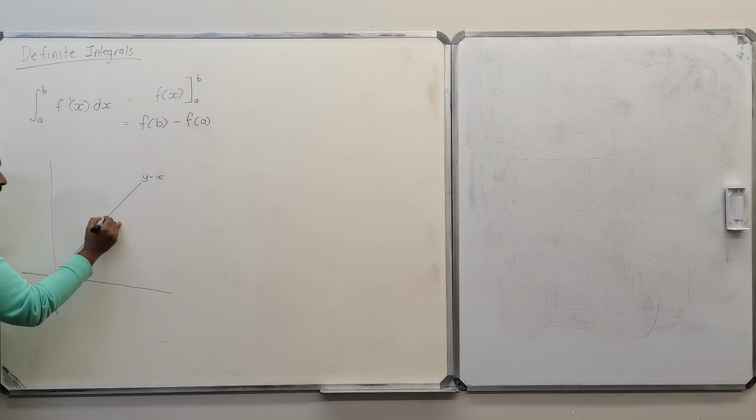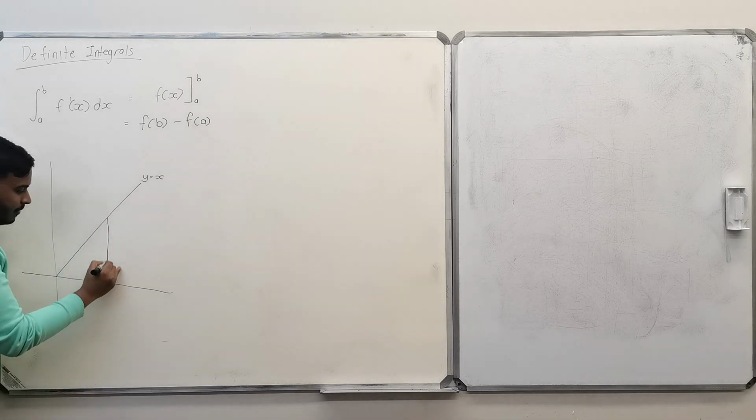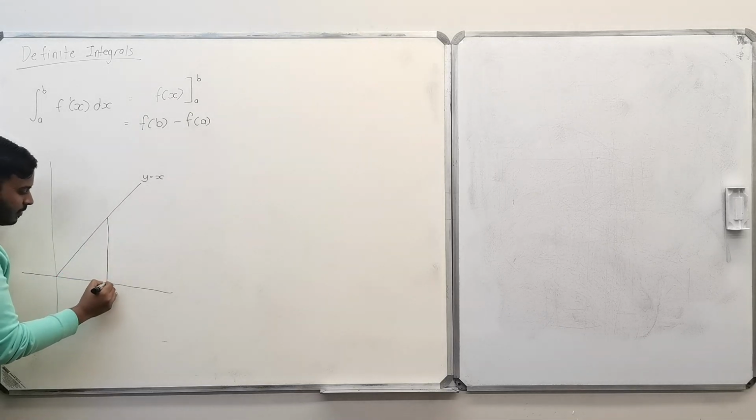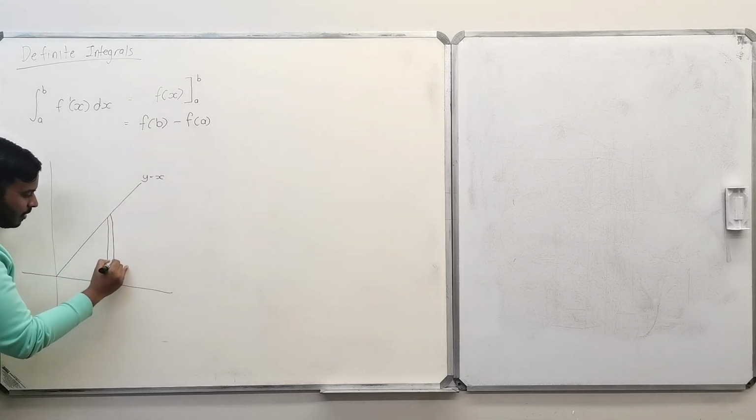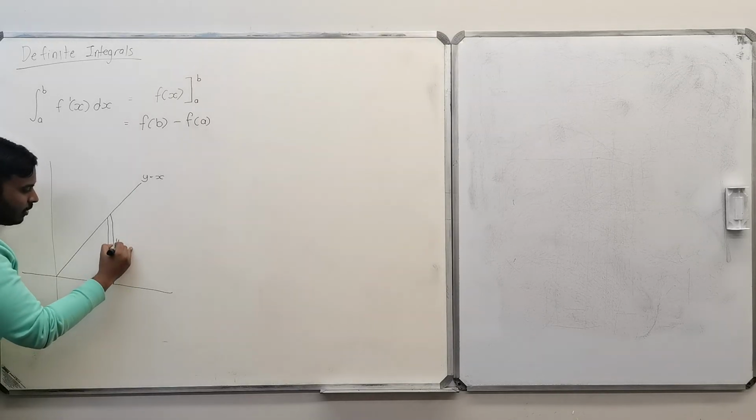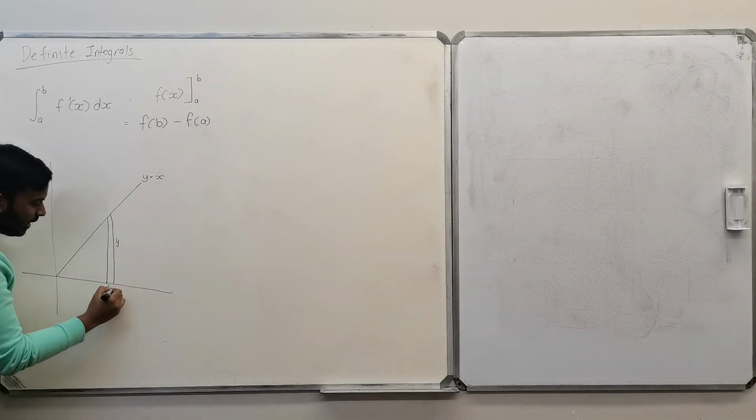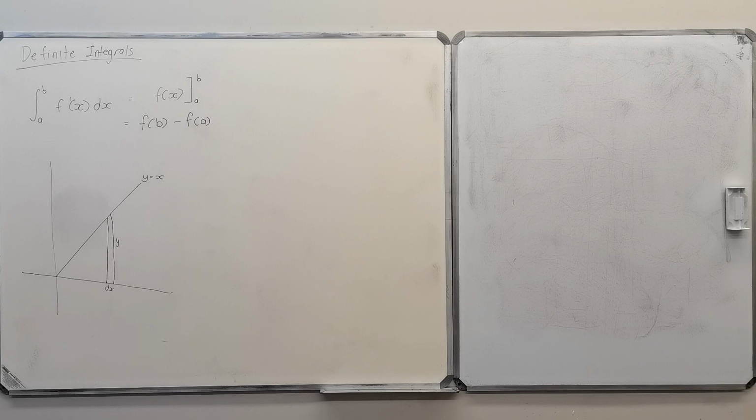So it's a very, very narrow rectangle. It has a length of y and a breadth of dx, the value with respect to x. Remember that dx is very small and it tends towards 0. It's a very small value.